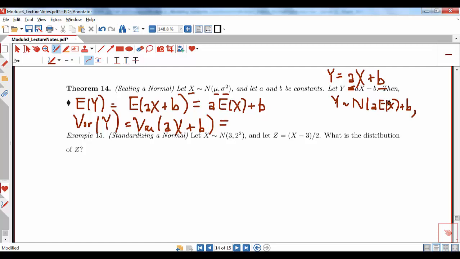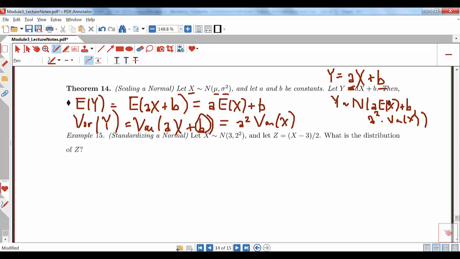So this doesn't come out as a constant, it's going to come out as a squared constant. So a squared times the variance of x. And then the variance of b, b is a constant, it doesn't vary, so that's just going to be 0. So y is going to be normal, this is the mean, and the variance is going to be a squared times the variance of x. All I did was a transformation, and I'm finding the new mean and variance.